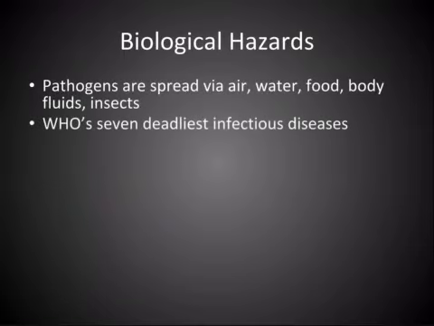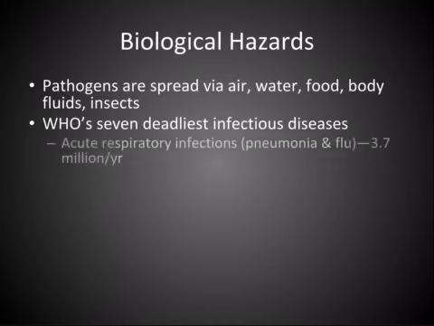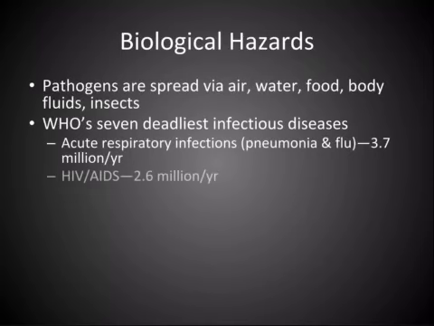Pathogens are spread various ways, through the air, like if you cough, through the water, food, body fluids, insect vectors. The World Health Organization's 7 deadliest infectious diseases: any acute respiratory infection, so that would be pneumonia, flu, any coronavirus, anything that leads to those respiratory infections that often get worse and affect either the really old or the really young.